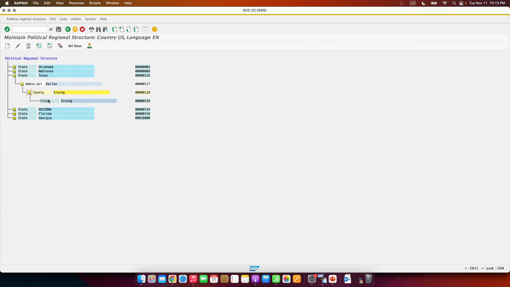Whereas the second component of your regional structure is postal code, which is also called zip code. As I already mentioned, if you are not maintaining those addresses as technical master data... One second, yes.